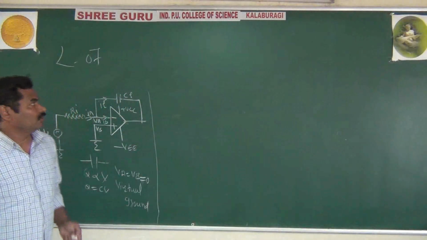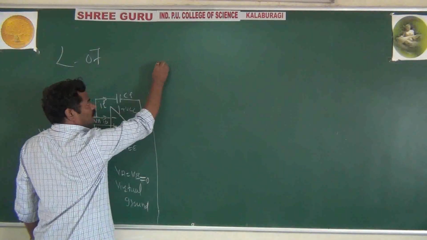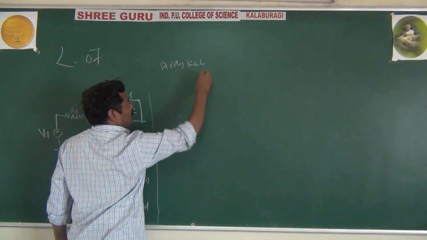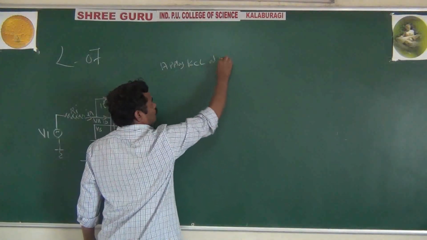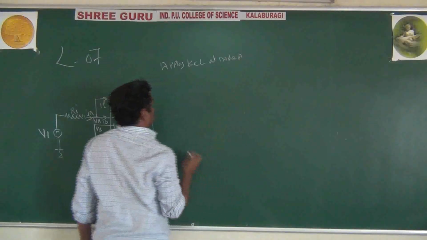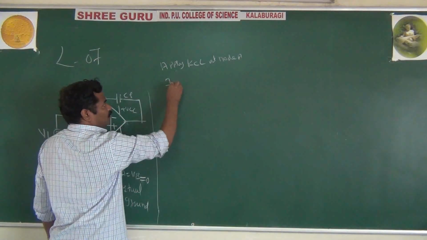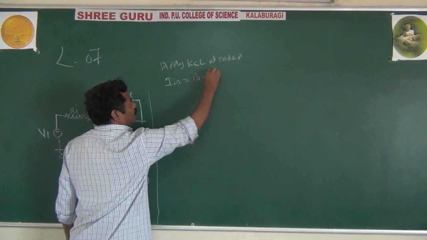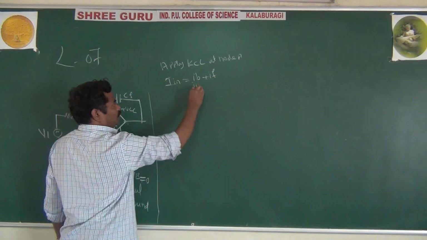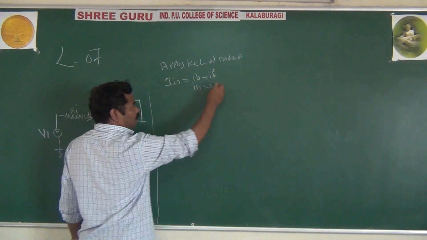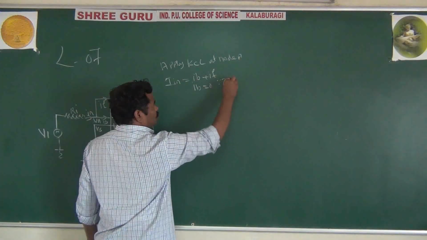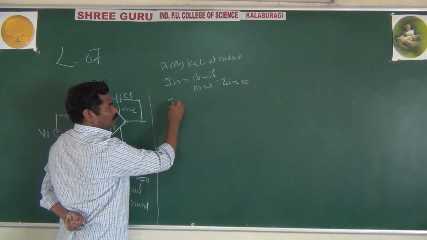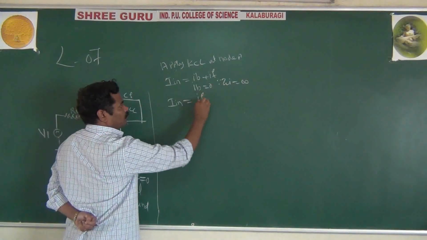So, apply KCL at node A. It becomes I in equal to IB plus IF, and as usual IB is 0 because Zi is infinity, so I in equals I out.